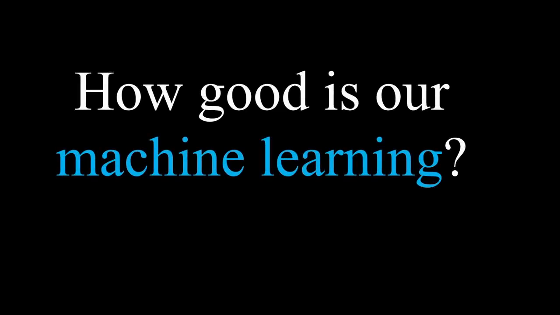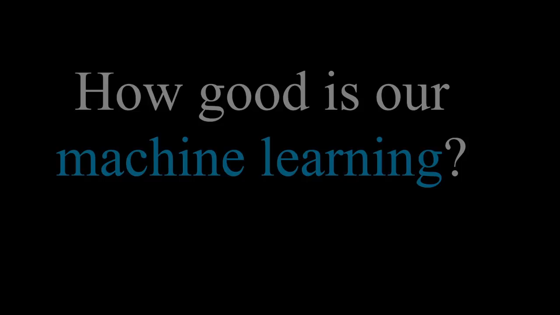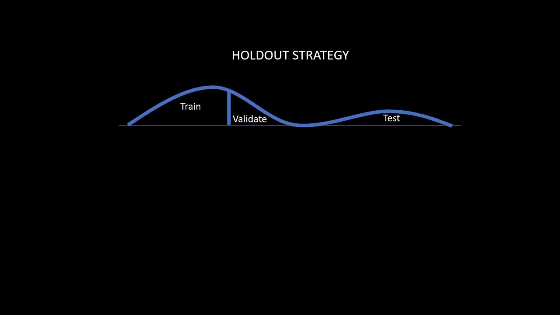This really becomes our opportunity to ask the question, how good is our machine actually learning? And so we have these two strategies that we want to look at to do this. We can train it with some validation and this test, and we refer to this as our holdout strategy.